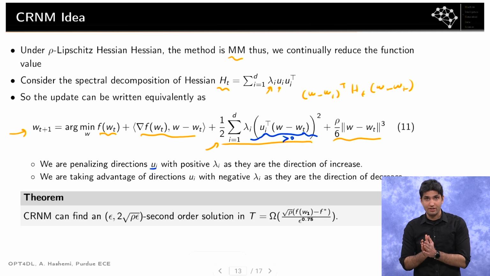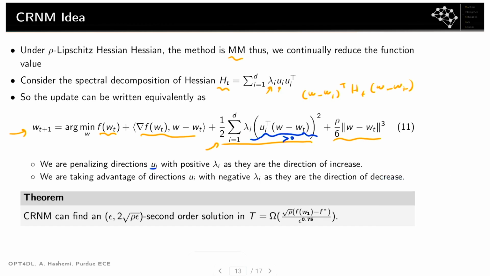We're going to make sure that our update is such that we don't move along that specific direction. On the other hand, by following this update, we're going to take advantage of directions with negative eigenvalue. Those terms will have a negative sign. We are minimizing, so if I move in that direction, I can theoretically minimize the objective function of this optimization problem to even minus infinity, let's say.